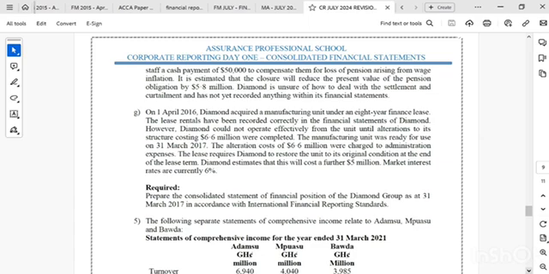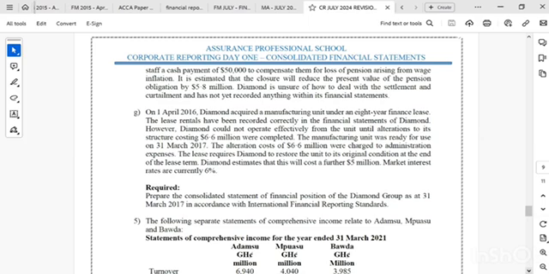The alteration costs of 6.6 million were charged to administration expenses. The lease requires Diamond to restore the unit to its original condition at the end of the lease term. Diamond estimates that this will cost a further 5 million. Market interest rate is 6%.